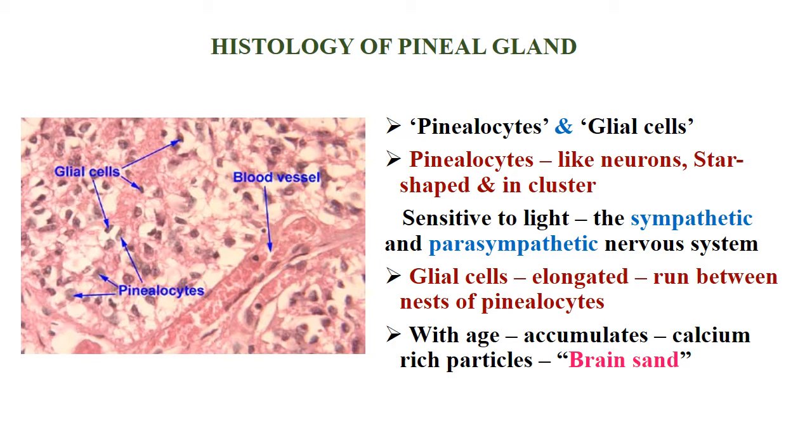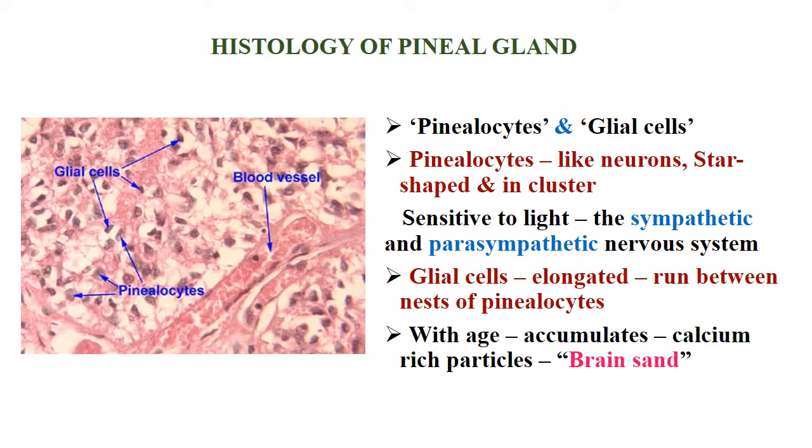These cells are sensitive to light, and they are innervated by the sympathetic and parasympathetic nervous system, through which they receive signals from the retina of the eyes. Thus, nerve endings are also seen in the pineal.